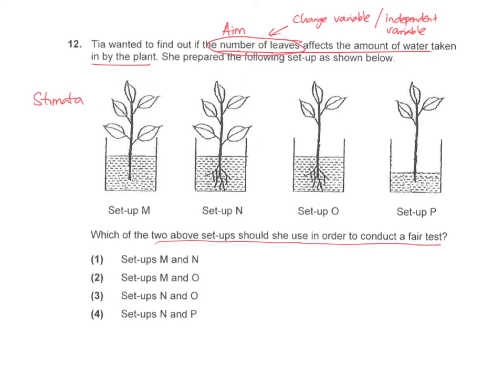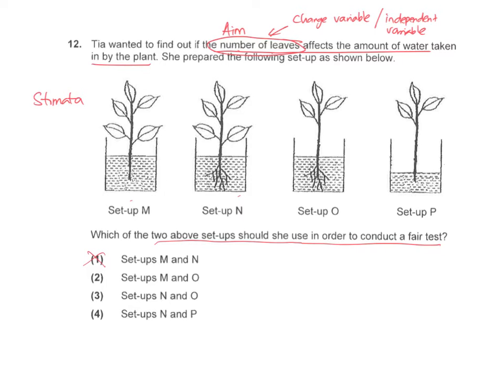So let's look at the options. So we can safely say that M and N is considered out because these two sets are not possible. What is being changed instead of the leaves is that one has got roots and the other one has got the roots cut off. Yeah, so this is not the aim of the experiment. So that is incorrect.